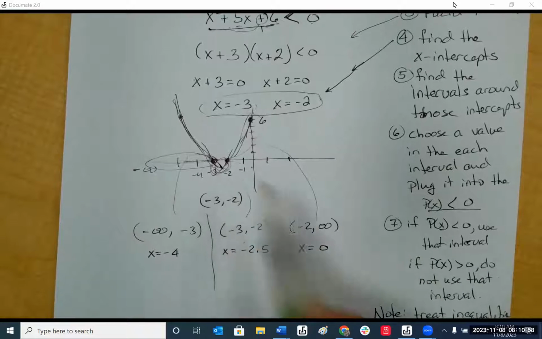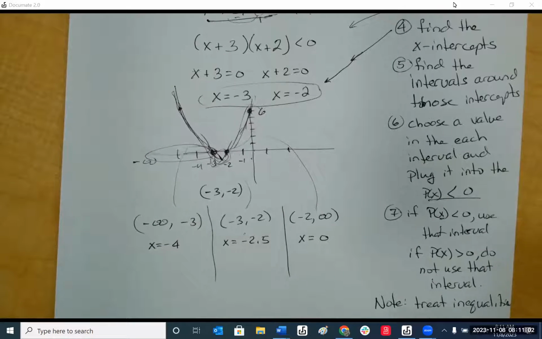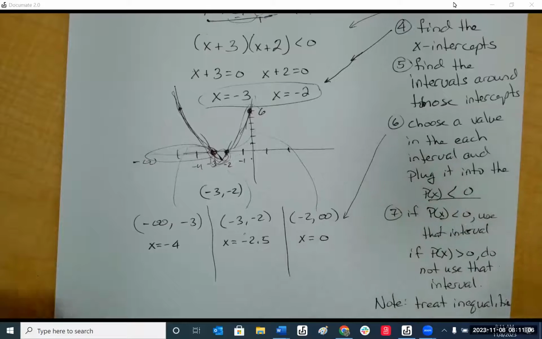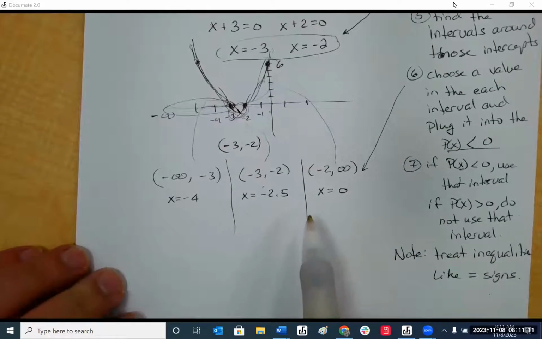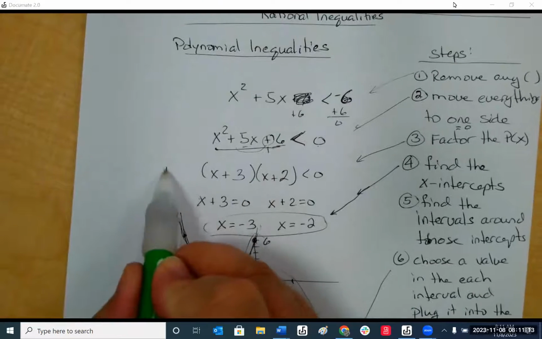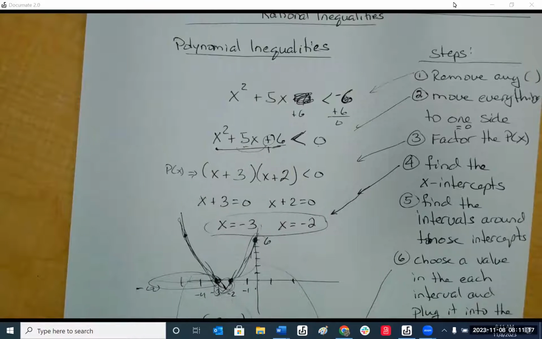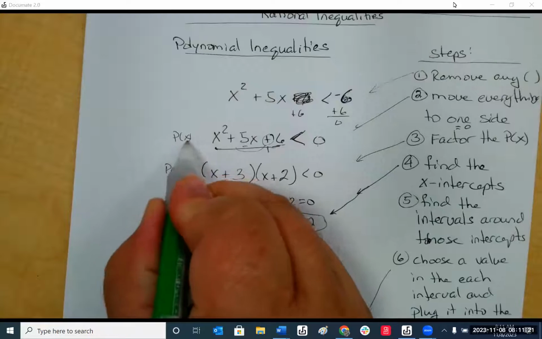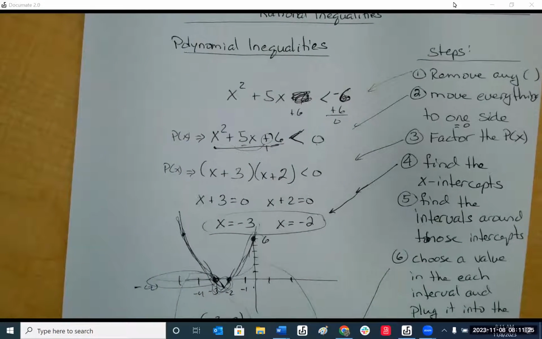If you can use 0, always use 0. So that's what we did here. Plug each of these into our factored form. Or you could put it here if you want. This one's a lot easier.